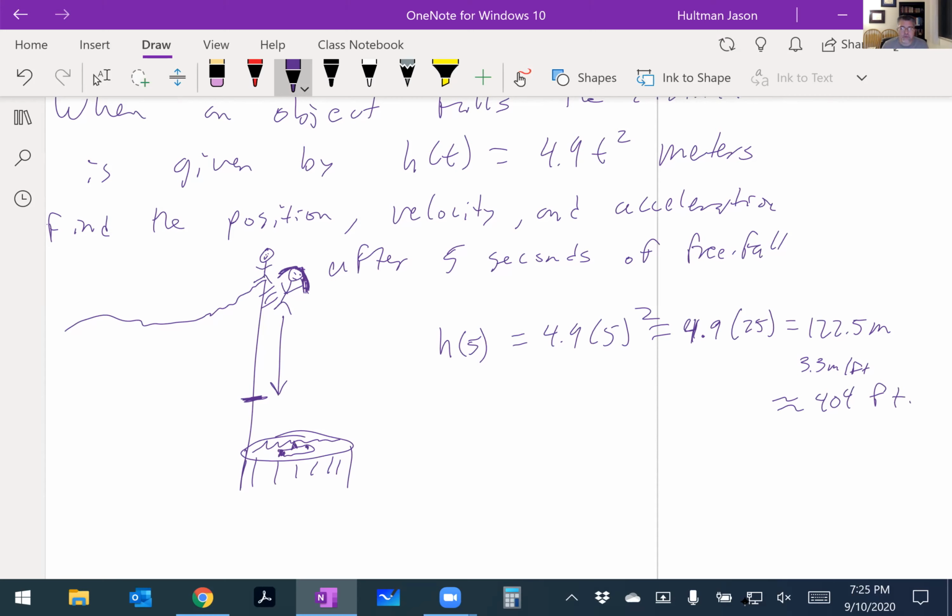Okay, so about 404 feet she would have traveled in the shark-infested waters below.